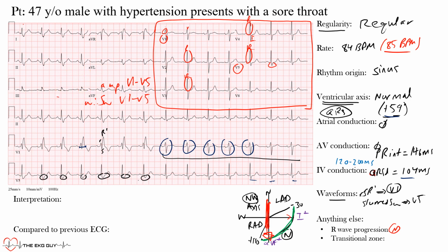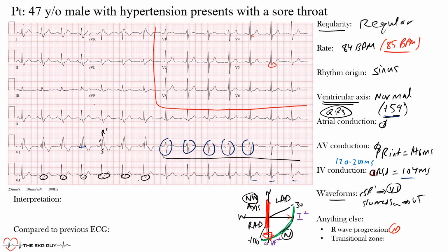And lastly, let's touch on transitional zone. Now, transitional zone, if you don't remember, is when we go from having mostly negative complexes in our precordial leads to mostly positive complexes on the left lateral precordial lead. So from V1 to V6, we're looking for it going from mostly negative. So notice it's mostly negative, okay? If you look here, it almost looks like it's isoelectric, meaning this R wave is almost the same as that, okay?